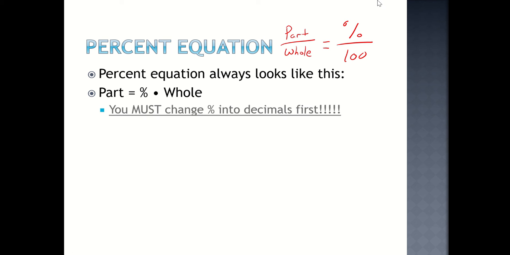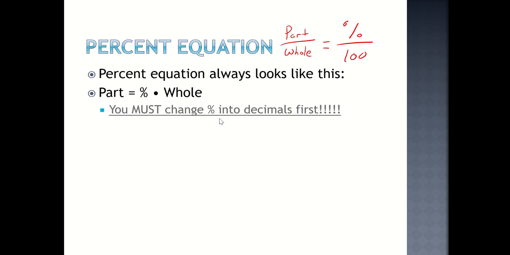Now the difference here is when we say the percent over 100, if it was like 25%, it would have been 25 over 100, or 30% would be 30 over 100. In the percent equation, that is not the case. We need to convert this percent to a decimal.